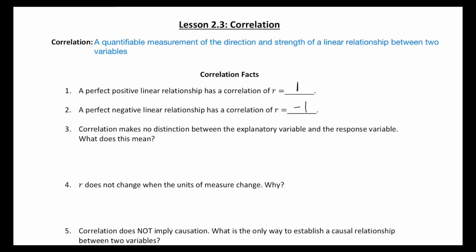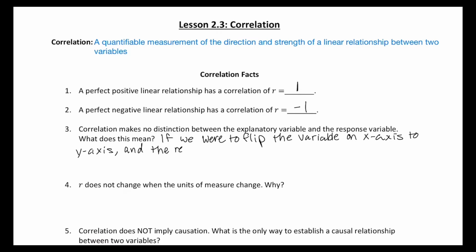That means that if we were to flip the variable that's on the x-axis, the explanatory variable, to the y-axis, and the same thing with the y-axis variable to the x-axis, taking that response variable and moving it to the x-axis, that correlation R would remain the same.